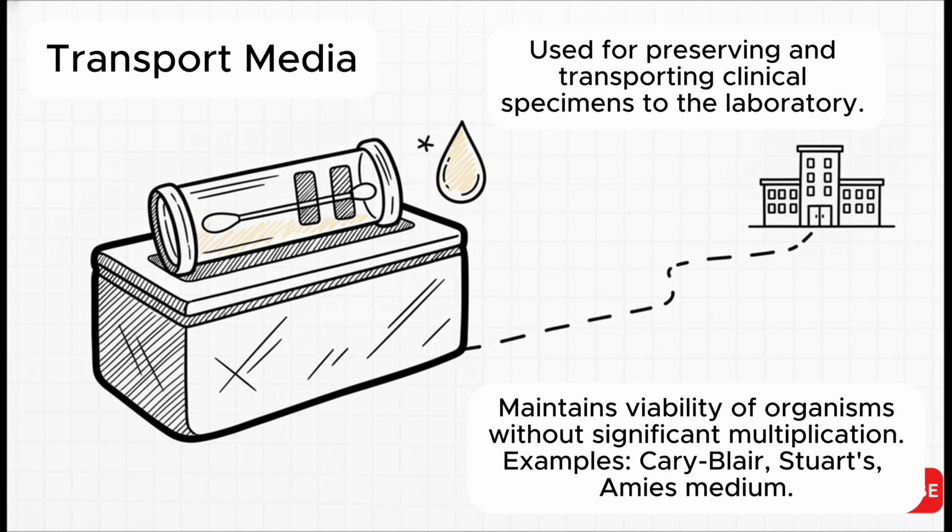Things like Stuart's, Amies, or Cary-Blair media. You see, these aren't actually designed to grow bacteria. Instead, they act as a scientific holding pattern. They provide just the right amount of moisture and protection to keep microscopic life completely stable and viable. It's almost like suspending them in time until they can safely reach the waiting scientists back in the lab.